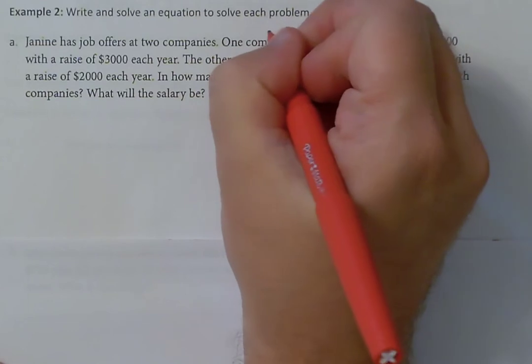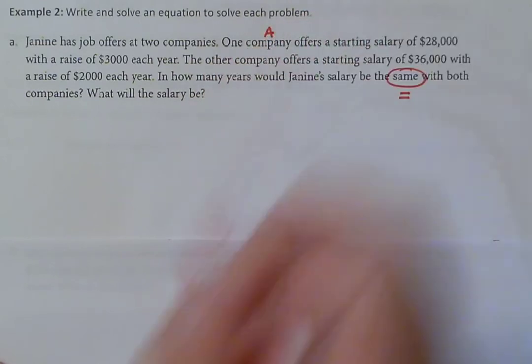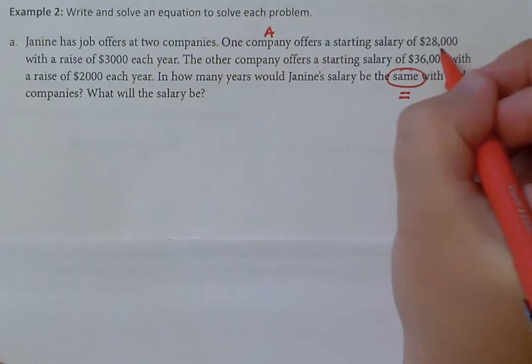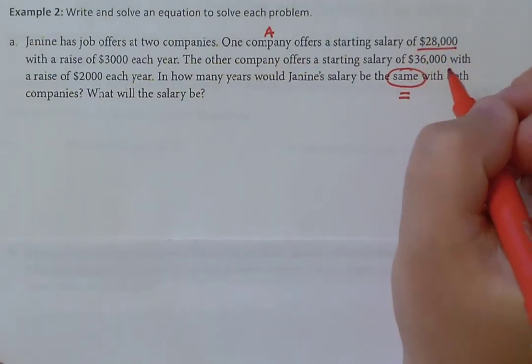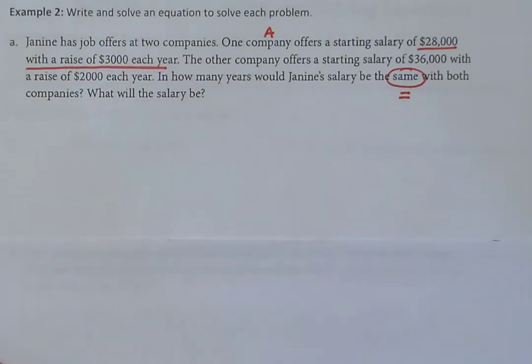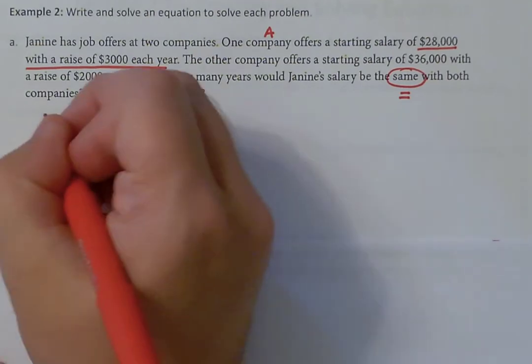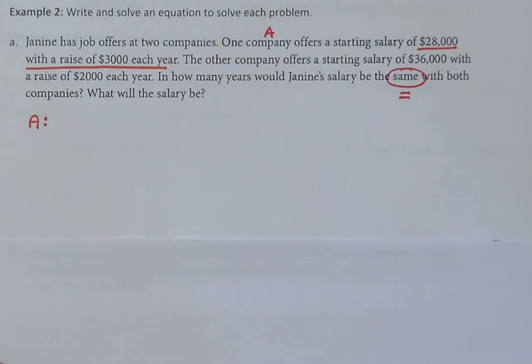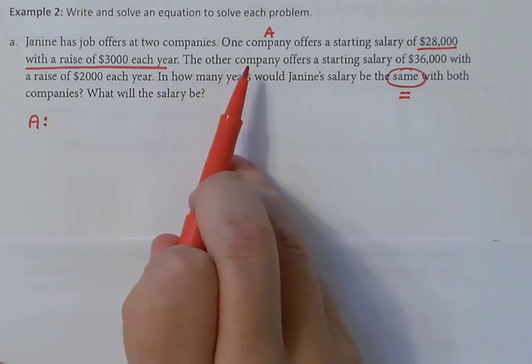So if we look at our first company, and I'm going to call this company A. So company A offers a starting salary of $28,000 with a raise of $3,000 each year. Now, we're going to go through and write an expression for company A based off that situation.